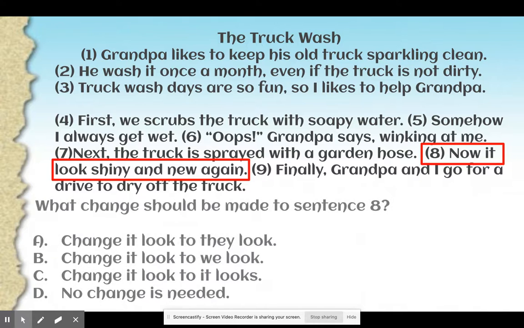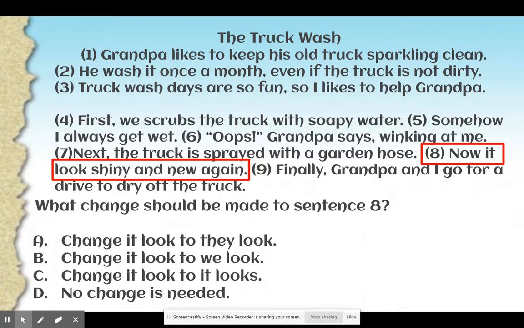We are looking at sentence number 8 today. What change should be made to sentence number 8? Sentence number 8 says, now it looks shiny and new again. A, change it look to they look. B, change it look to we look.